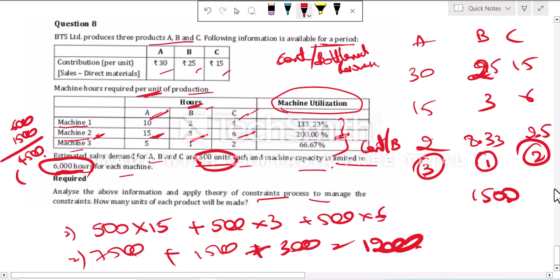Next, for C, we need to give priority to C because it is giving the second highest contribution. So 500 units of C requires 6 hours per unit, means 3,000. Okay, 3,000 they are using here.